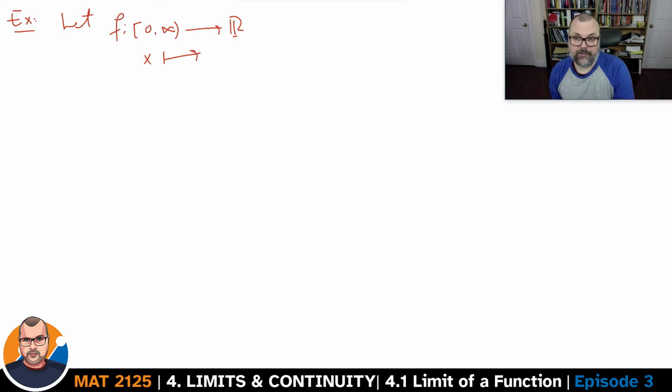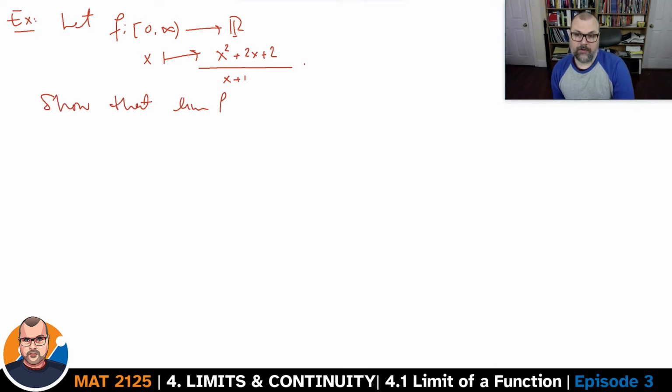Every x, it associates the number x squared plus 2x plus 2, divided by x plus 1. First we notice that this function is well defined. At no point am I dividing by 0. The rational function, this is the only place where things could be ill-defined. Let's show that the limit of the function as x goes to 2 is L. Is it indeed the case that 2 is a limit point?